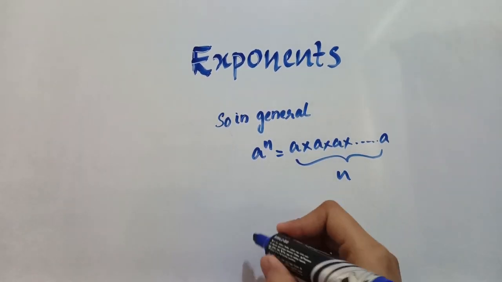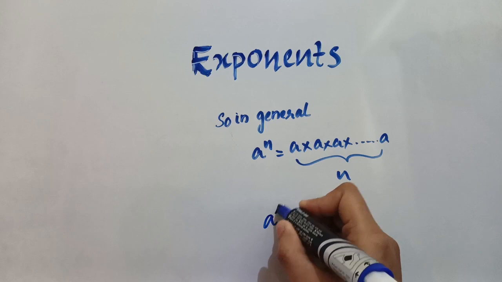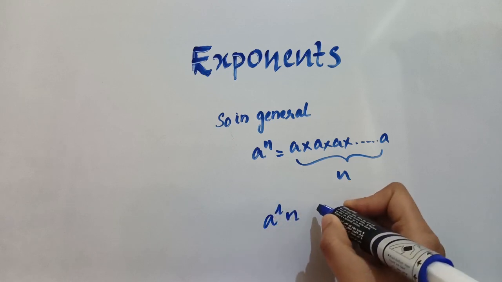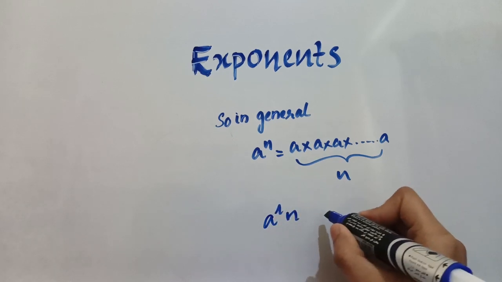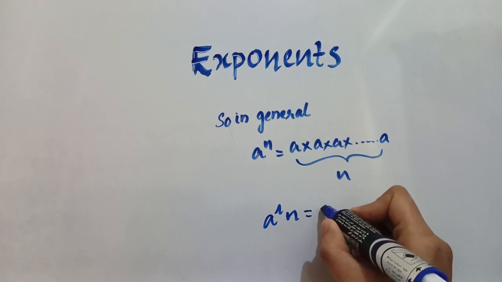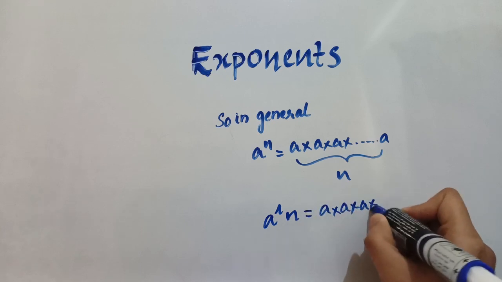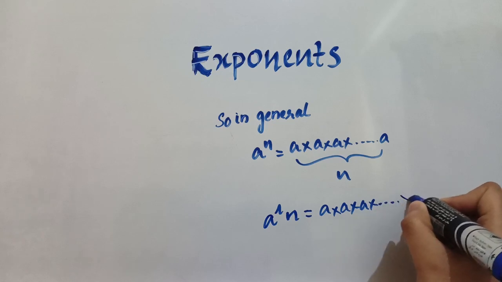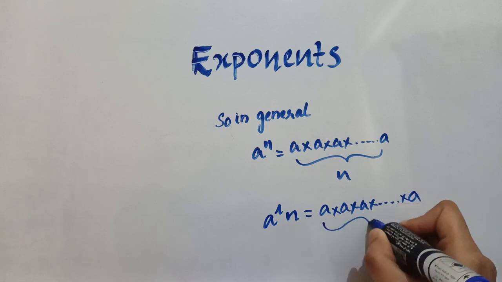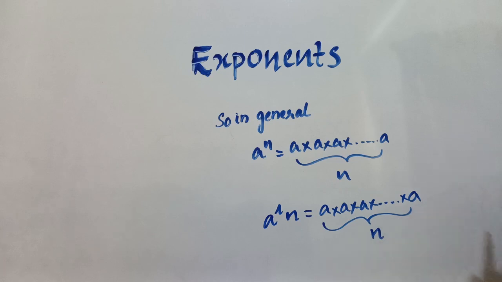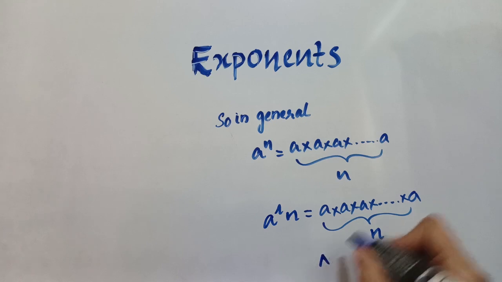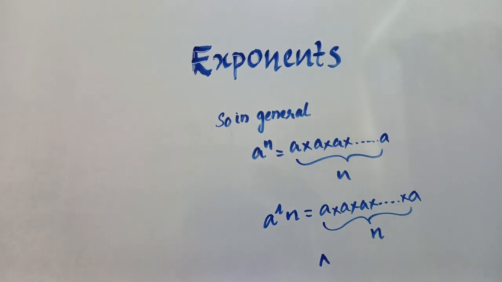We can write a raised to n this way. It is also equal to a times etc. times a for n times. That is, we use the symbol like this for also denoting exponents.